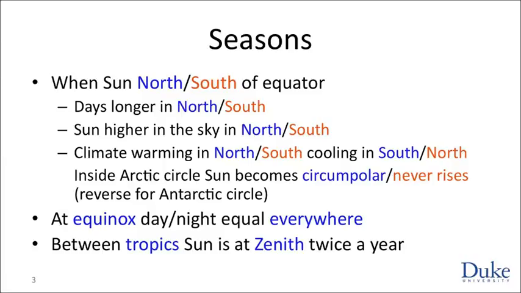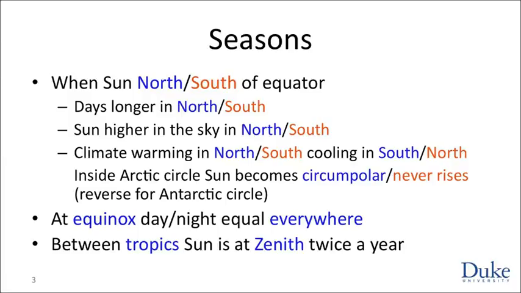Inside the Arctic Circle, at least for some part of that time, the sun becomes circumpolar. The sun comes so far north that it's close enough to the celestial North Pole never to set for regions north of the Arctic Circle for at least one day. Of course, at the precise North Pole, the sun is circumpolar for 6 months.